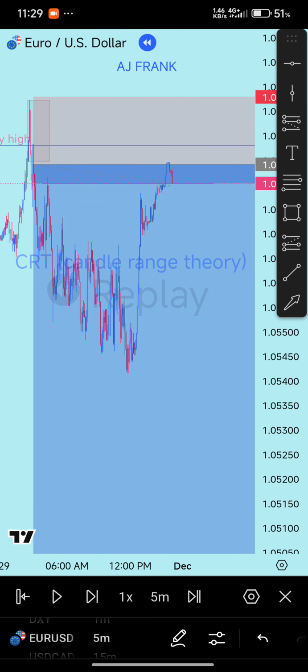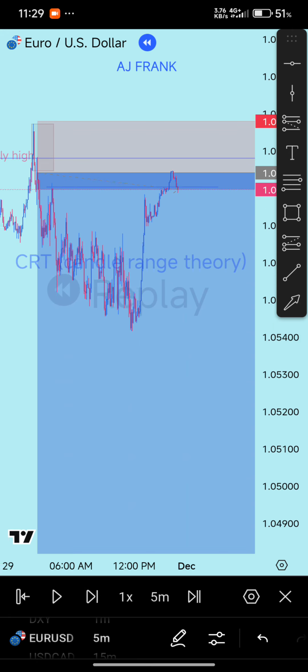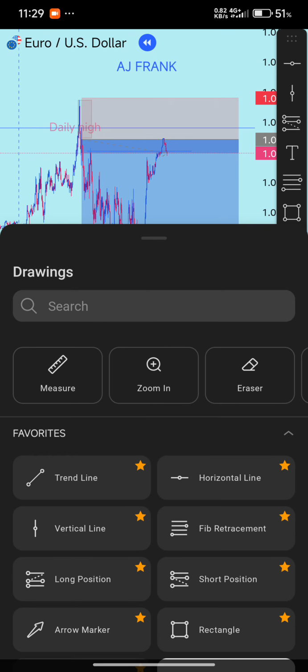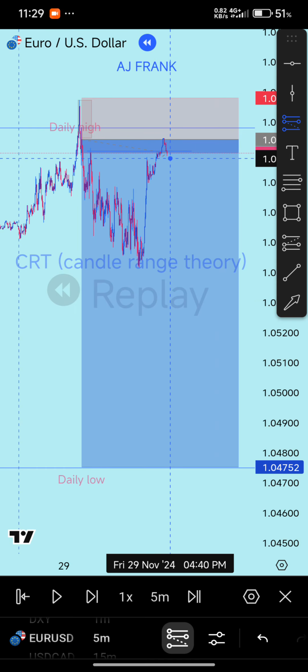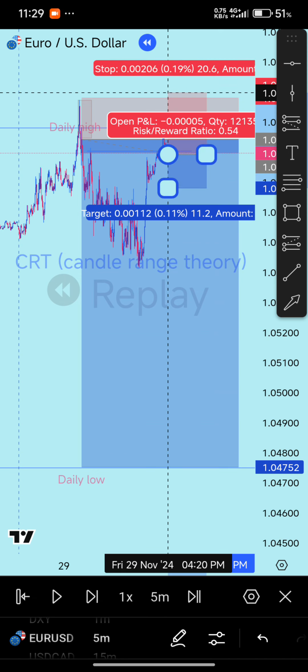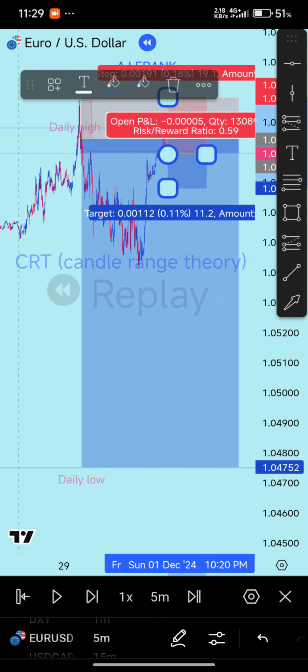We have a fair value gap. So I'll be adding another entry there. I'll be adding another short from here. And then my TP is still going to be the same.